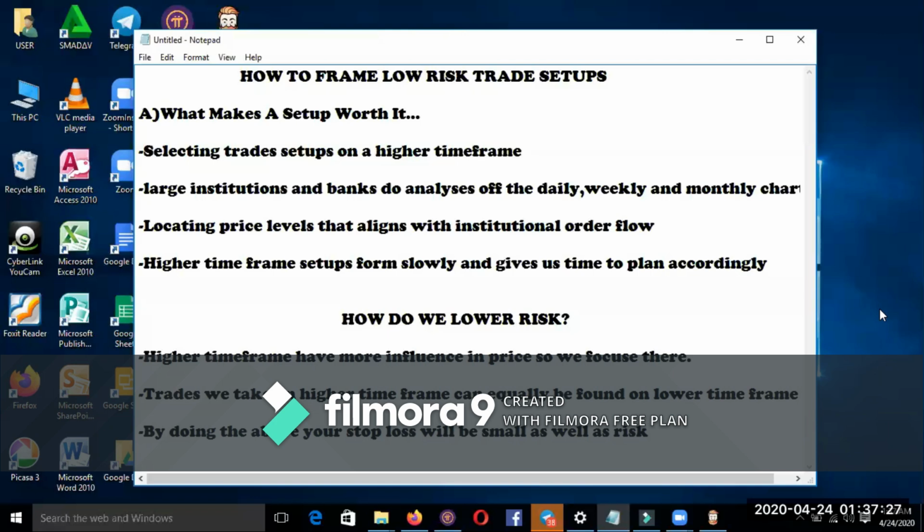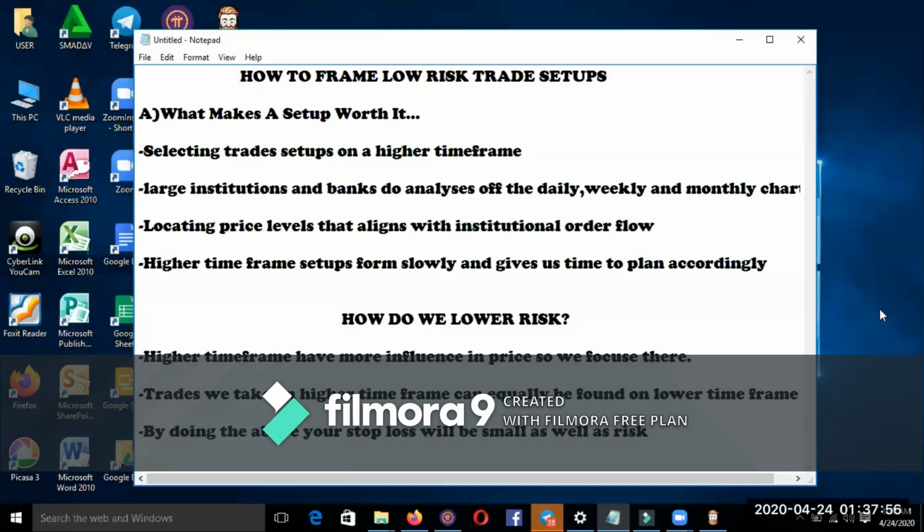So as it's forming slowly, it gives you the opportunity to plan accordingly, either you are going to take this trade or you're not, based off of your analysis and risk to reward as well.